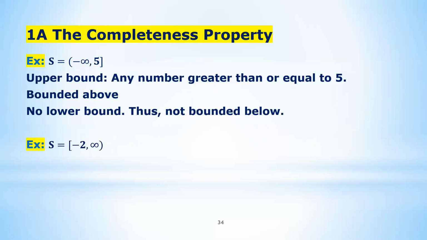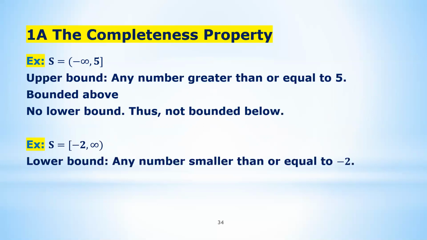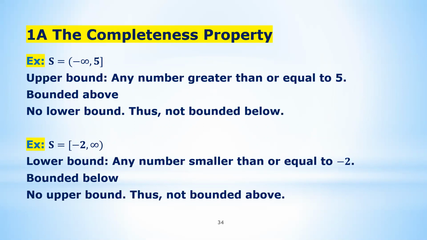A similar example: [-2, infinity). On the other side, a lower bound exists: any number smaller than or equal to -2 is a lower bound. So this is bounded below and has no upper bound, therefore the set is not bounded above. So you can have all different kinds of sets, and for any set you can tell whether it is bounded above or bounded below.